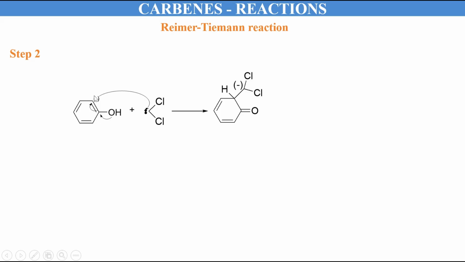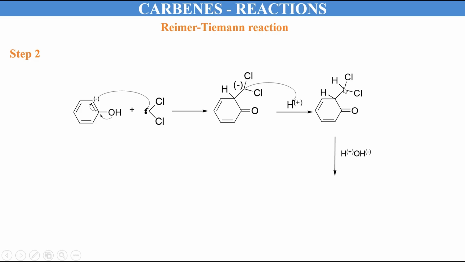Once the electrons are donated to the carbon, a carbanion is generated. Carbanions, as we know, are unstable. To become stable, it combines with H plus from the reaction medium and becomes CHCl2. Now this CHCl2 undergoes hydrolysis with H plus and OH minus.